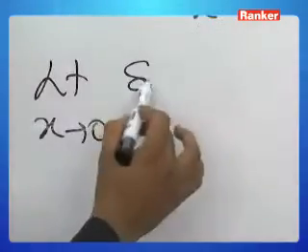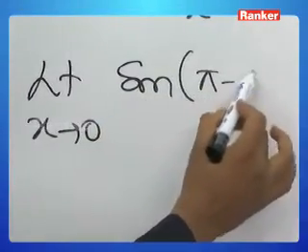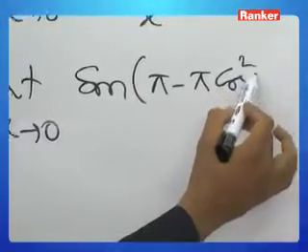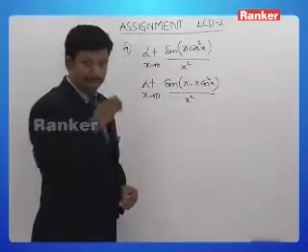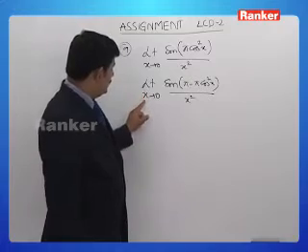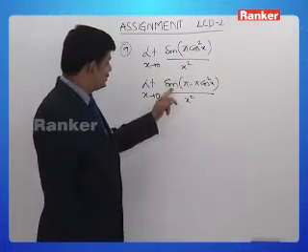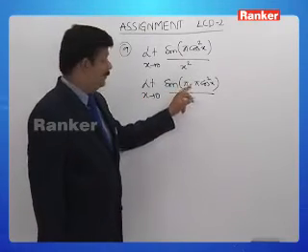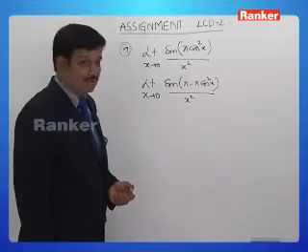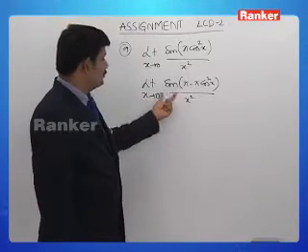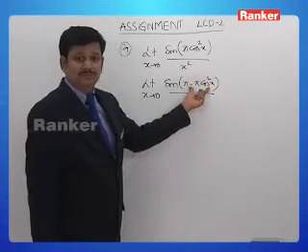So we can write this as sin of pi minus pi cos square x divided by x square. This limit can be written as limit as x tends to 0 of sin of (pi minus pi cos square x) divided by x square. Now, as x tends to 0, this quantity tends to 0.